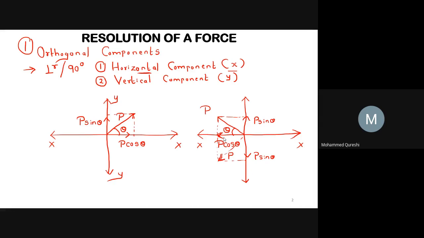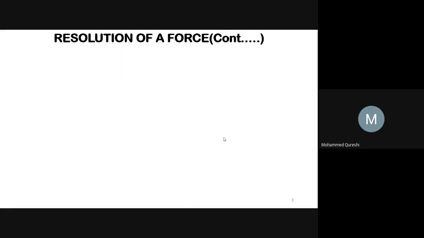Now we will go for non-orthogonal components. So what are non-orthogonal components? Second is your non-orthogonal components. Means they are not orthogonal. So these components are not perpendicular to each other.